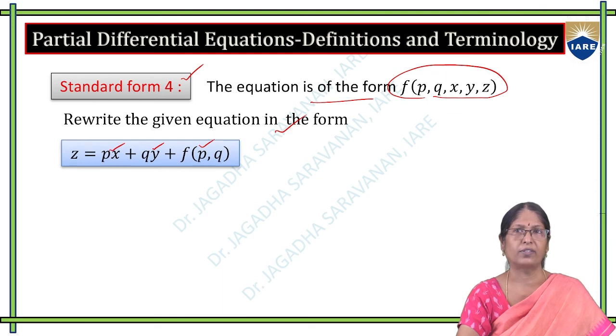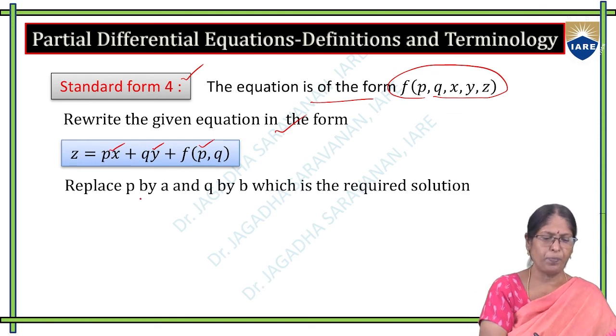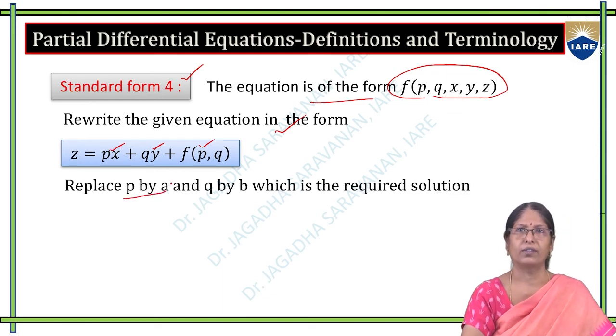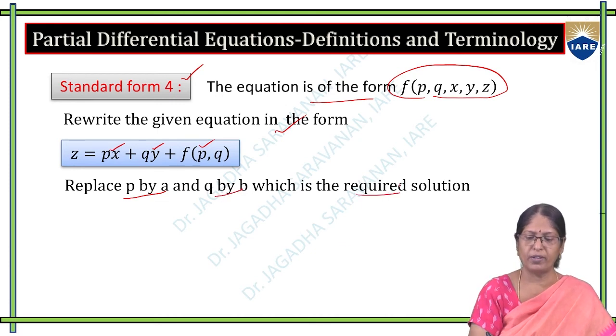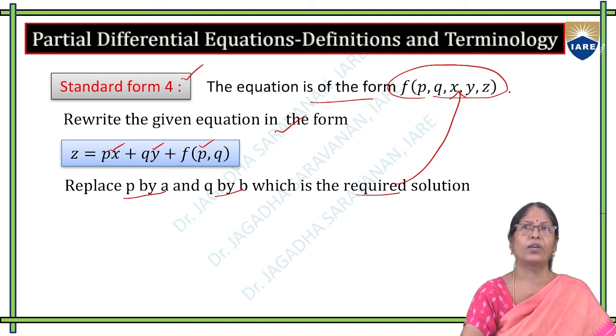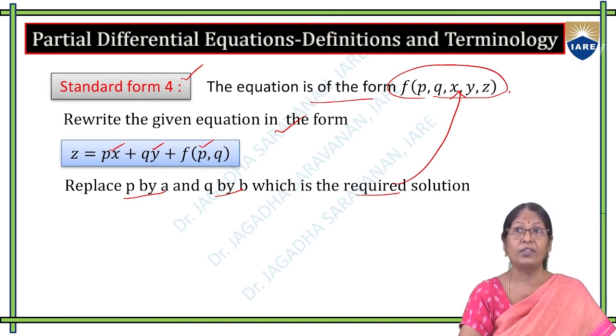We will replace p by a and q by b, which will bring the solution of our given equation if it has this format. This is the way standard form 4 works.